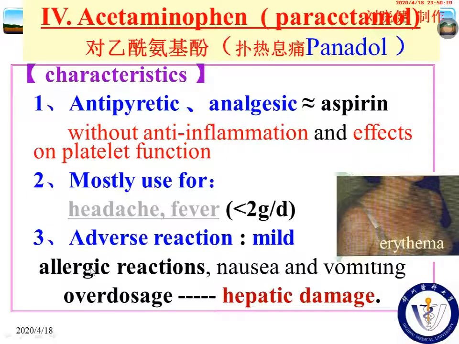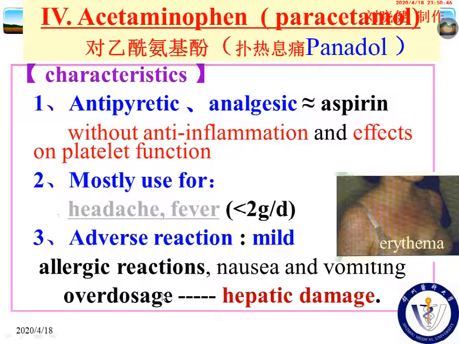Its adverse reactions compared with aspirin are relatively mild, but it also induces allergic reactions, nausea, and vomiting. Once it is used in overdose, it also causes hepatic damage, because the metabolism of acetaminophen, similar to aspirin, is also in the liver, and the liver metabolism function to acetaminophen also has limitation.